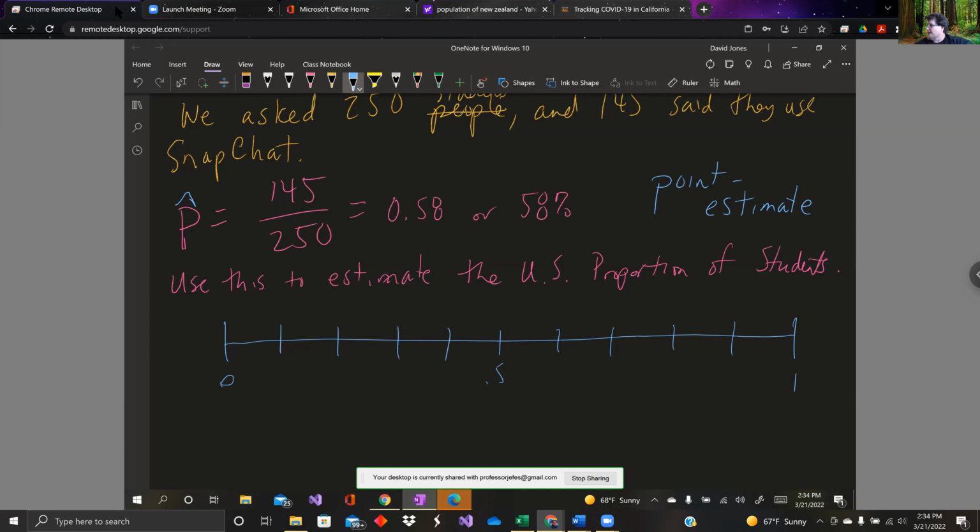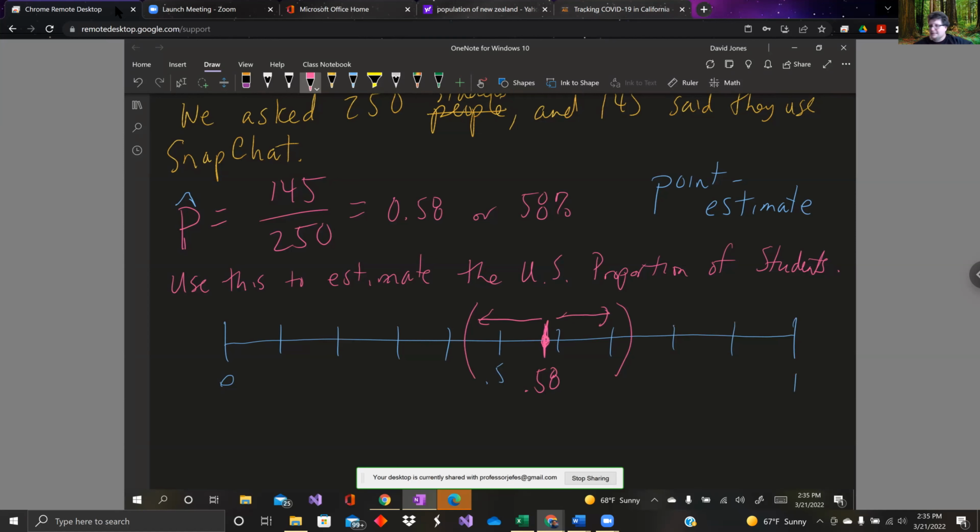There we go. And our 0.58 is right here. That's my 0.58. Well, we already showed with the pandemic info that it may not be right. So maybe we want to say it's somewhere in a range around this.